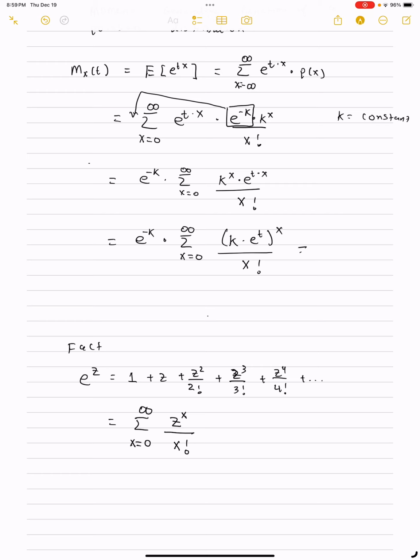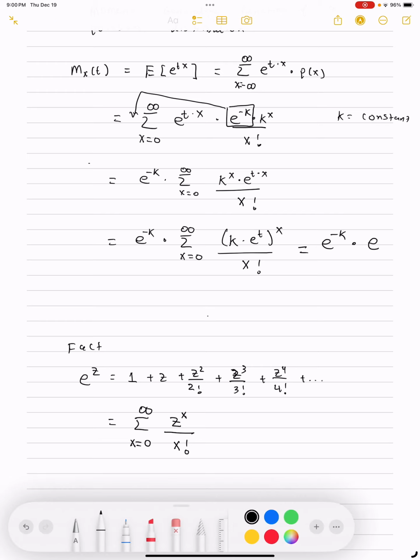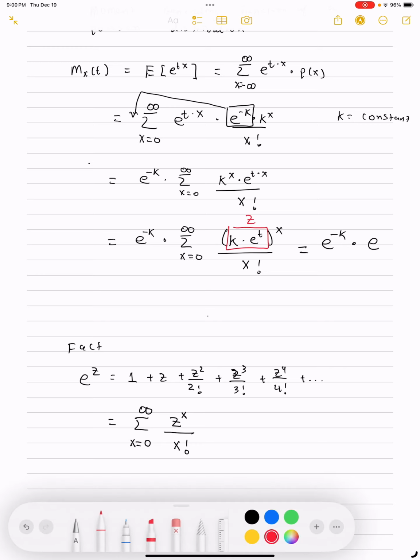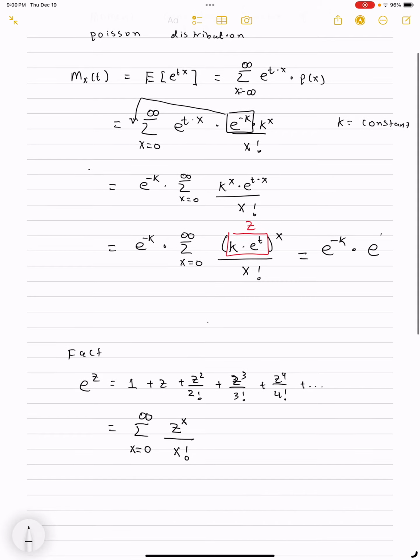Okay, so this is going to be e to the minus k times, now z is everything that is in the power there, so this becomes e to the z. This thing is z right here, where z is k times e to the t.